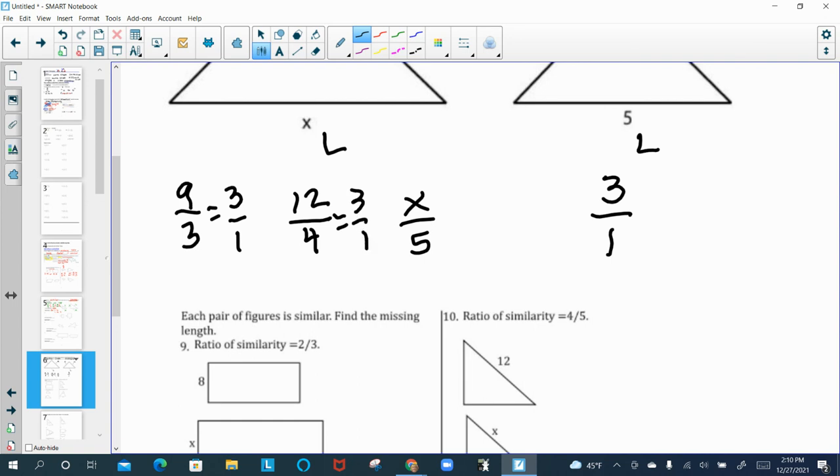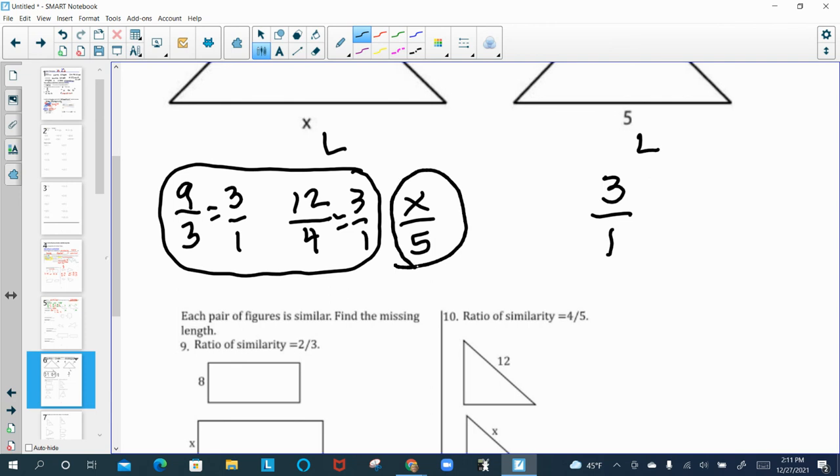But when you have a whole number, the denominator is 1. We just don't write 3 to 1 normally. But when we need to use a ratio, it's kind of important that we have that denominator. So that's why we're doing that. So that's going to take care of one of our two ratios. And because we have to solve for x, this is going to have to be our other ratio. Otherwise, how would we solve for x?